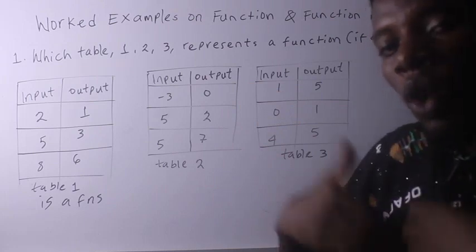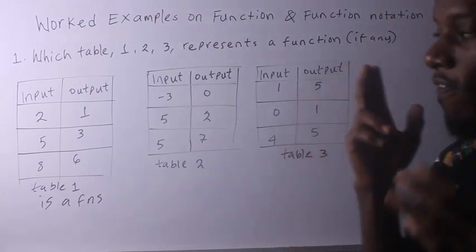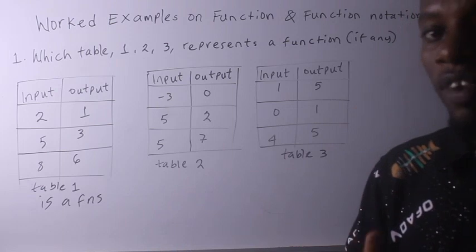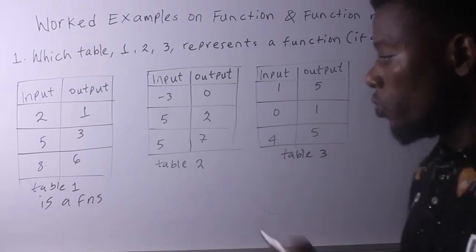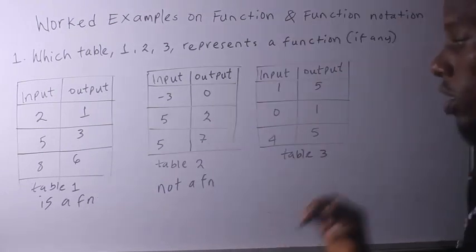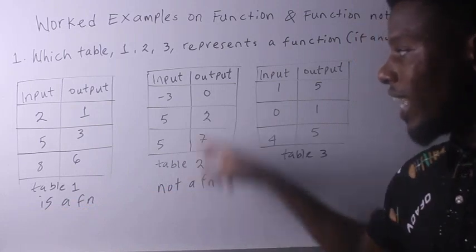And 5 also has an output value of 7. So because 5 does not have only one output value, it has two different output values, therefore we say this table is not a function. So this is a function and this is not a function.